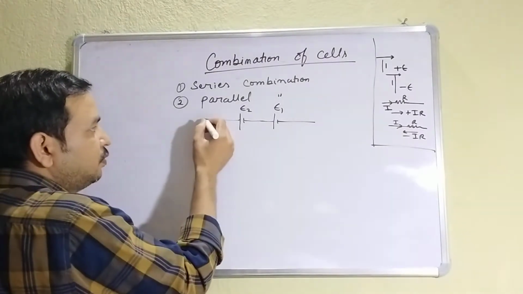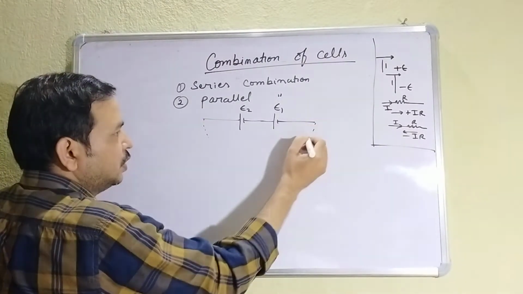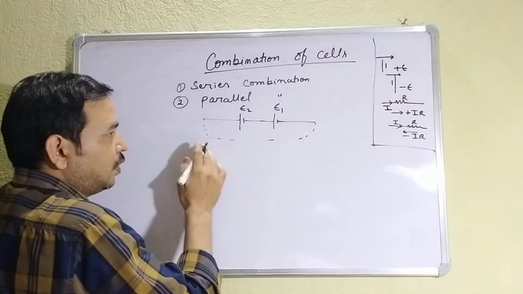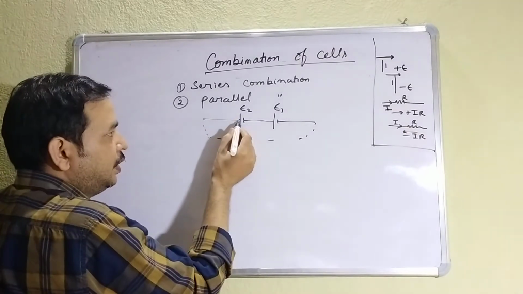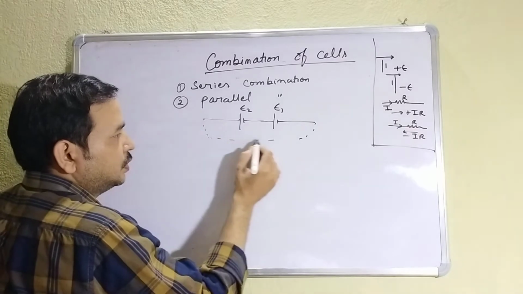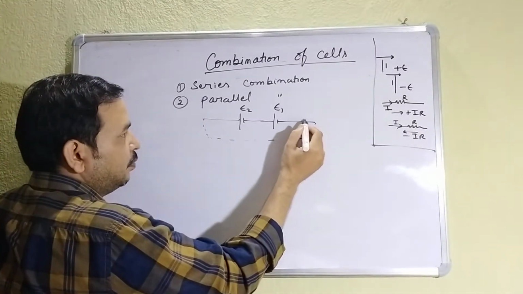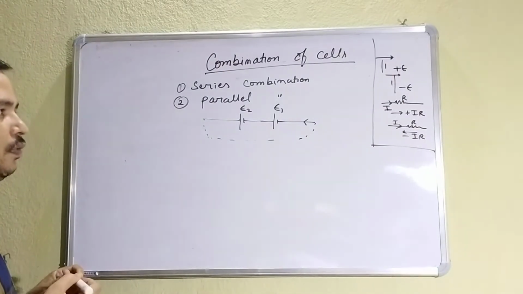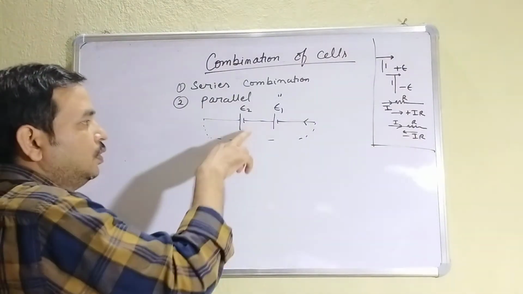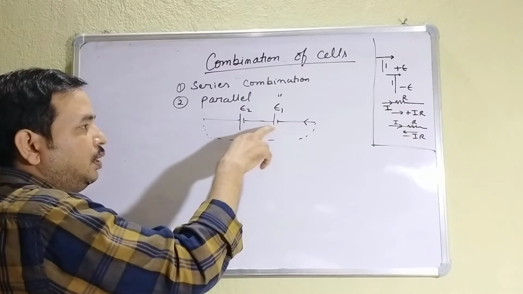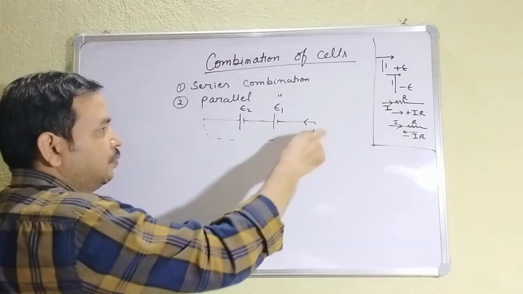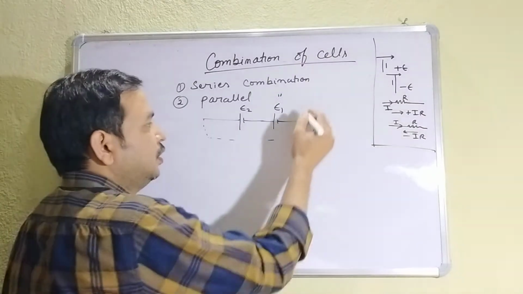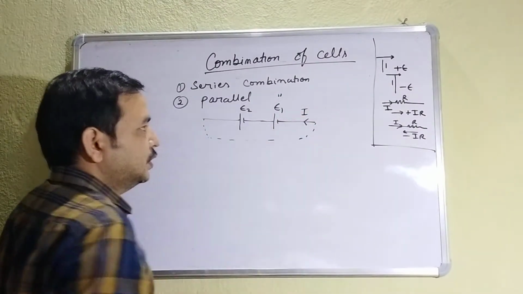Now, of course, this is connected to some network. Clear? Now, from that network, suppose current is coming in this direction and entering the cells.